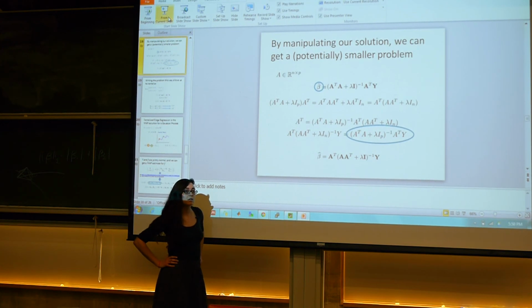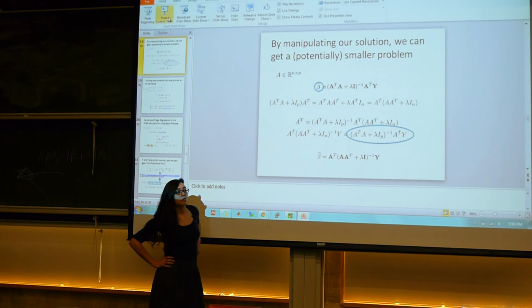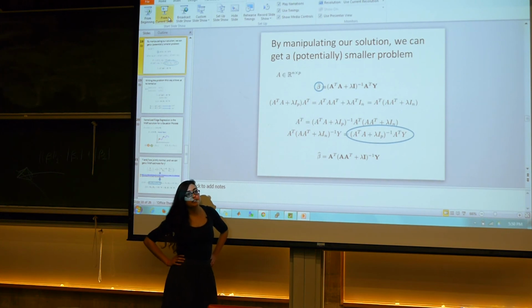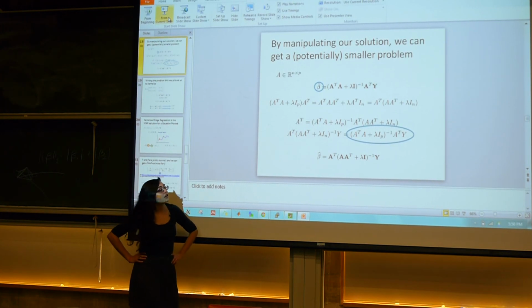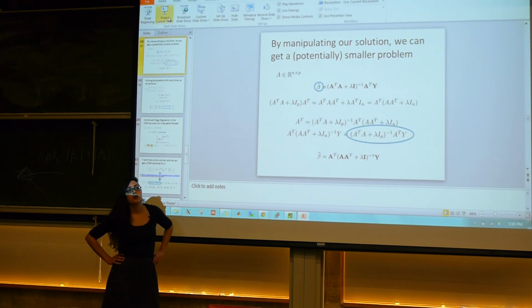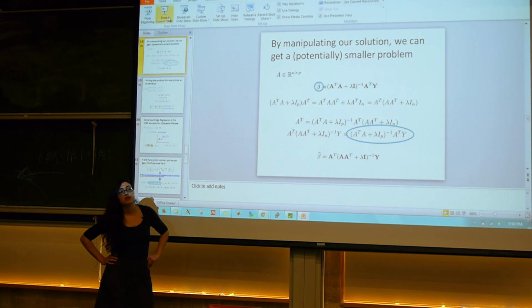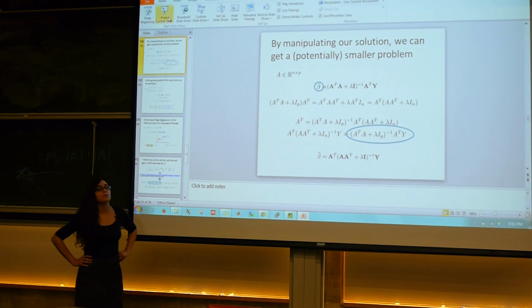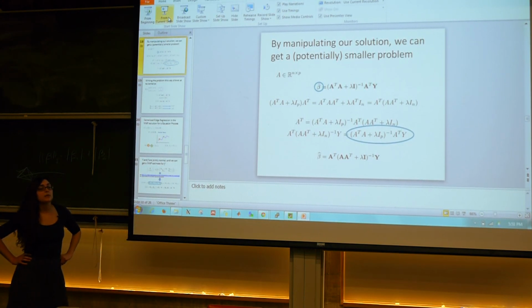But in that case, what is the advantage of that? You said P by P is always larger than N. In real life data sets, P is larger than N. P is the number of features and N is the number of data points.